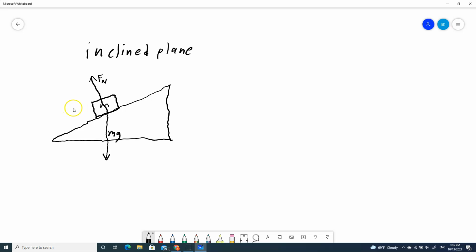So in the case of inclined planes, the only force that's actually being applied to the object, except for the normal force, is the force of gravity.